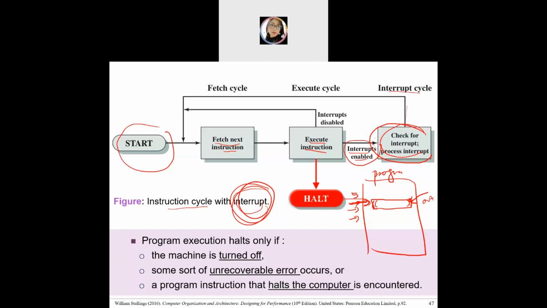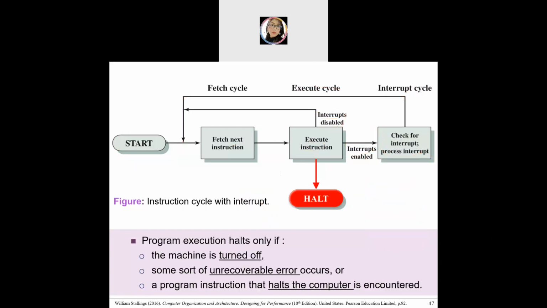You're going to go back if there is an interrupt after you check. So you can also disable the interrupt. It depends, but you need to check a condition whether you have an interrupt or not. And this is the fetch cycle. This is the execute cycle, and lastly the interrupt cycle.